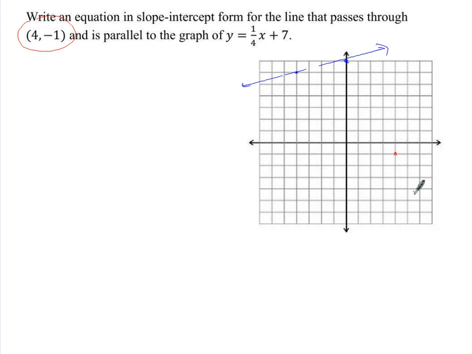So my line is going to be parallel to the blue line that I just drew, and it's supposed to go through this point. Okay? Now if it's supposed to be parallel, what do I know? The slope is 1/4. It's going to be the same slope. So the slope in this equation is 1/4, which means the slope in my equation has to also be 1/4. So m equals 1/4.